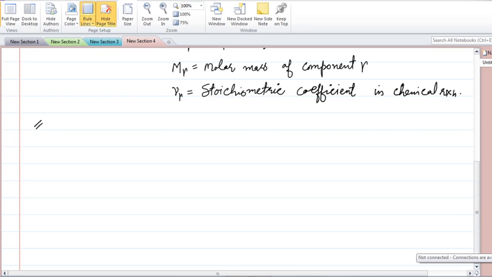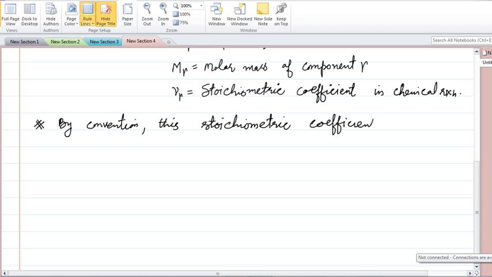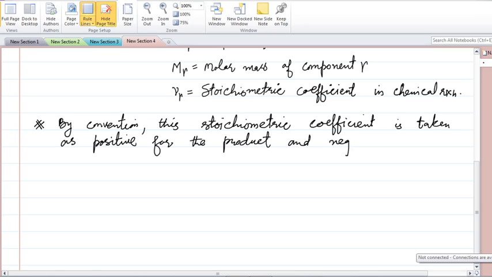And one more point you have to remember, that this stoichiometric coefficient by convention is taken as positive for products, I can say for the product, and negative for reactant.